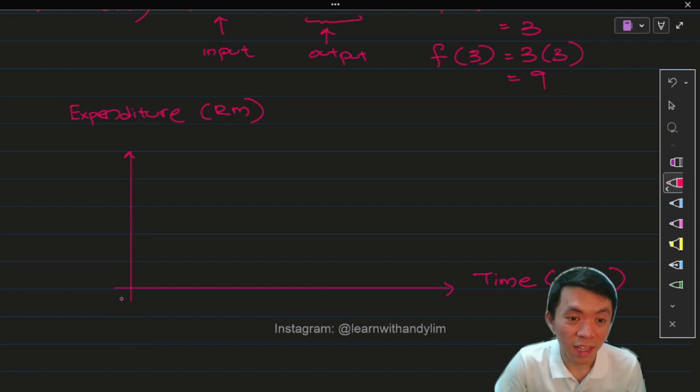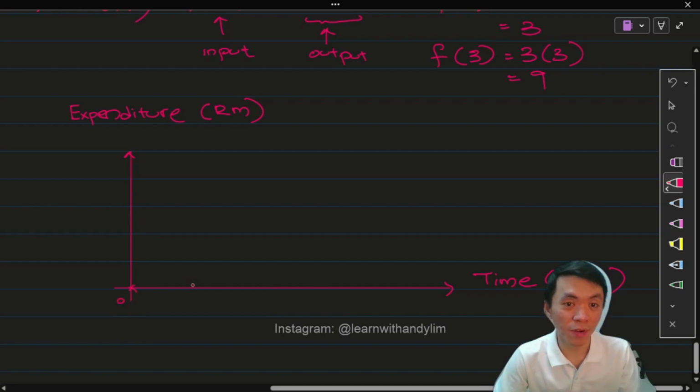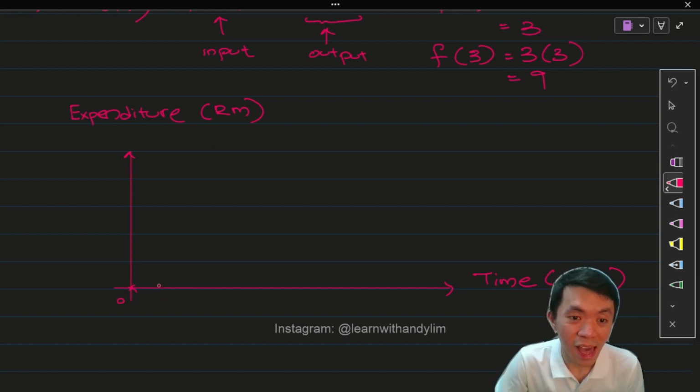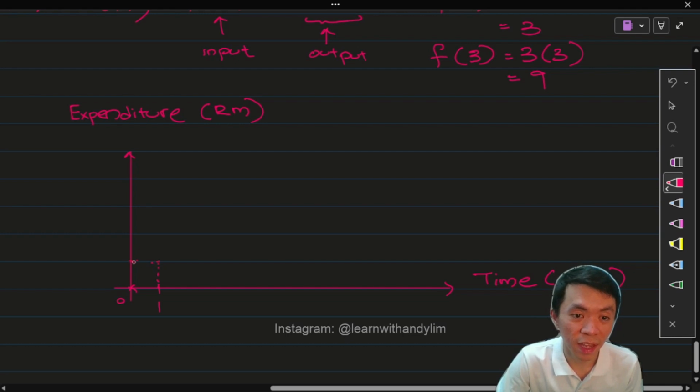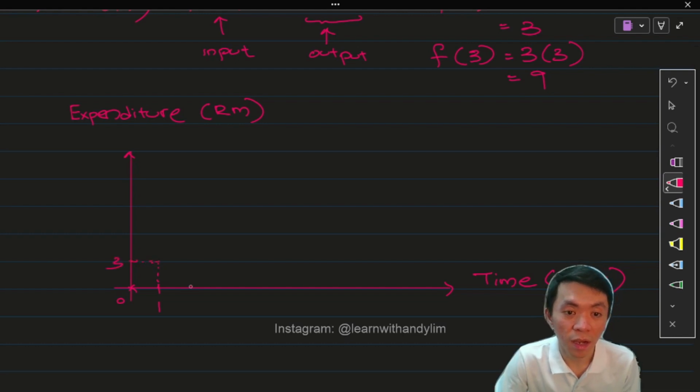Let's say day 0, I spend 0 ringgit Malaysia. On day 1, I spend 3 ringgit. On day 2, I spend 6 ringgit. Day 3, 9 ringgit. You get the idea.